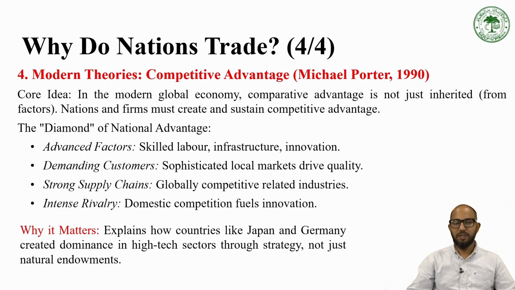The question is why it matters. This theory matters because it explains how countries like Japan and Germany created dominance in high-tech sectors through strategy and not just natural endowments, that is, factors of production.